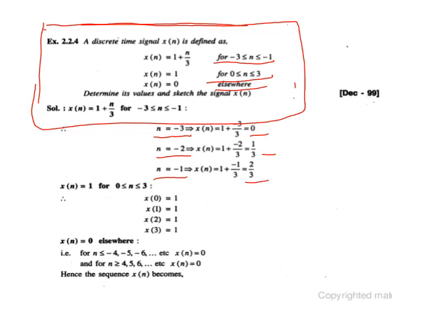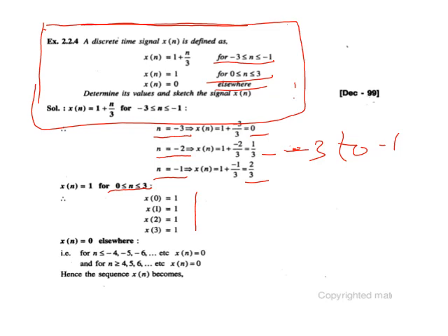This is for minus 3 to minus 1. Now for 0 to 3 we have these values: x of 0 equals 1, x of 1 equals 1, x of 2 equals 1, and x of 3 equals 1.